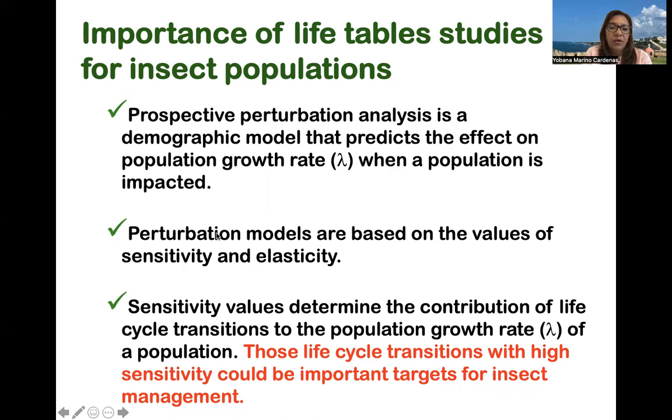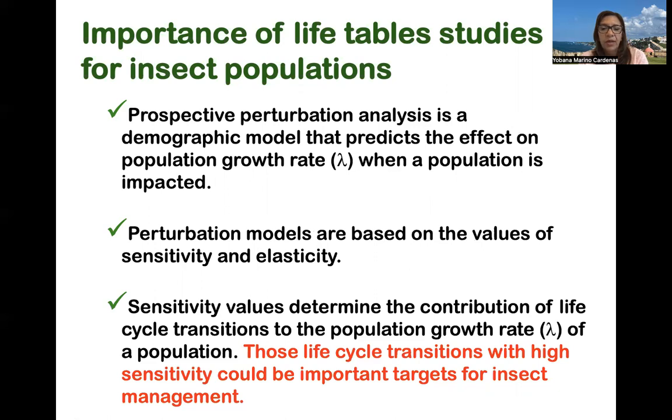This type of model is based on the values of sensitivity. Sensitivity values indicate the contribution of the different life stages or life cycle transitions of the coffee berry borer to the value of the population growth rate.